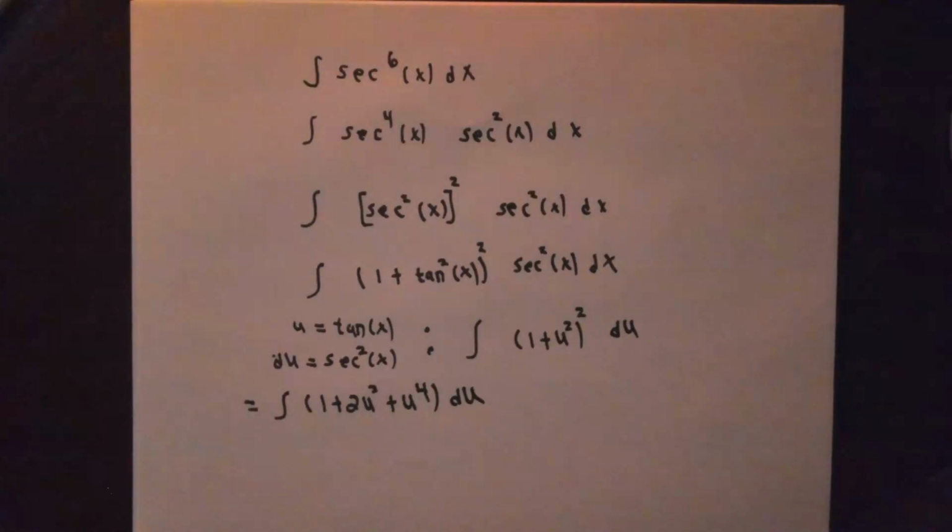An antiderivative will be u plus 2/3 u cubed plus 1/5 u to the 5th power, and then you remember that u equals tangent of x, and you have your result. A similar procedure can be followed if you have the integral of tangent x raised to an odd positive power.